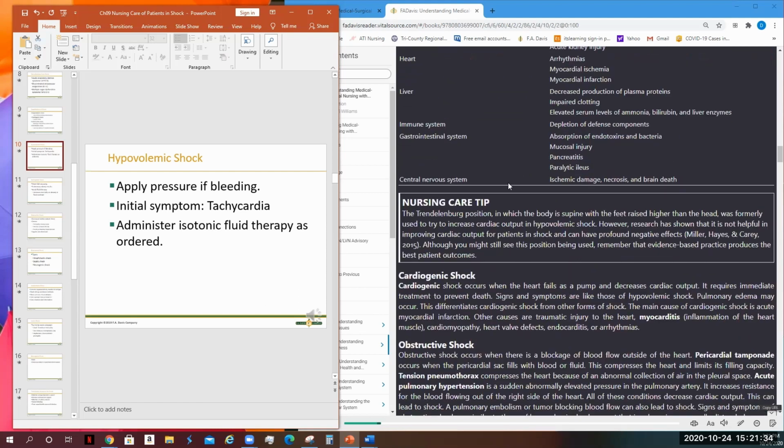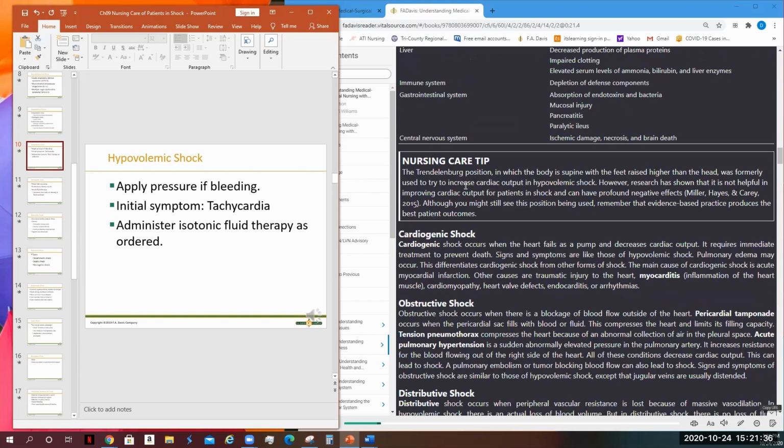Nursing care tip. The Trendelenburg position, in which the body is supine with the feet raised higher than the head, was formerly used to increase cardiac output in hypovolemic shock.